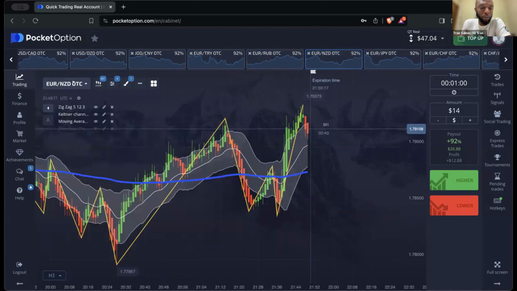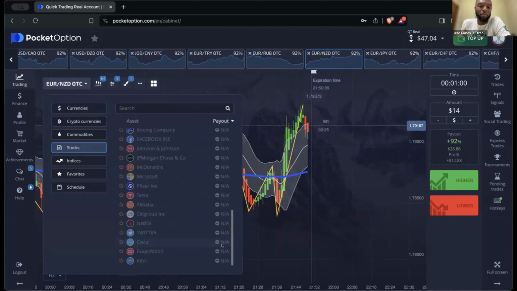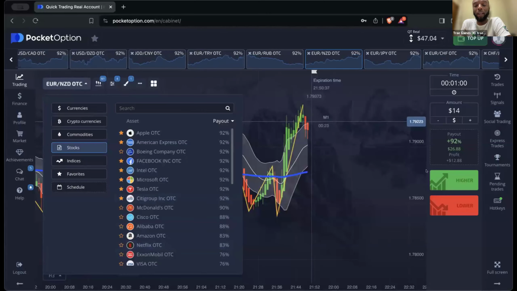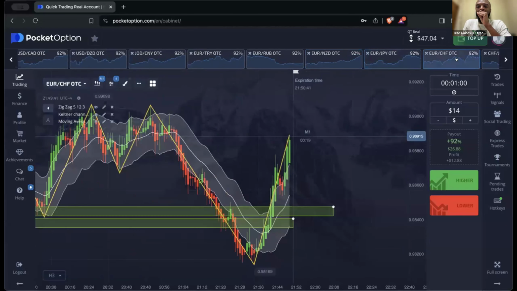This is what we trade in the currencies. I know you trade stocks, so there are some stocks too that we trade. But I only trade 92%. I want the most for my dollar. The highest you're gonna get is 92%, so give me that rather than anything below 92%, even 90.